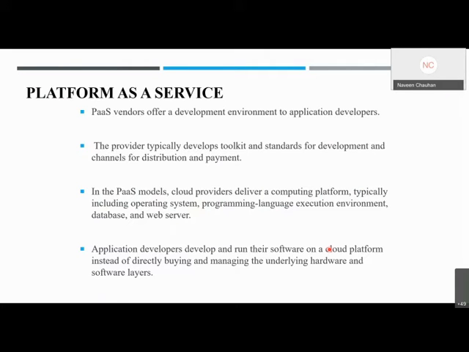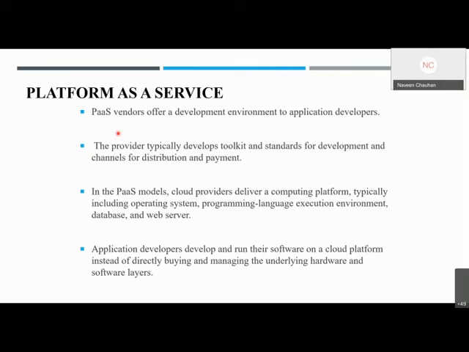When we talk about platform as a service, it is offered as a development environment to application developers. So you can easily distinguish between what exactly the services are. In software as a service, we were talking about providing the software or instances of the software onto our personal devices.